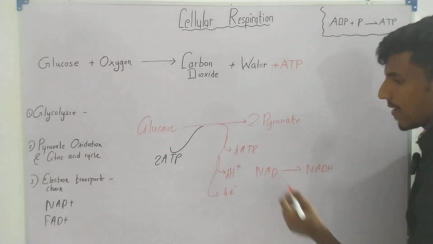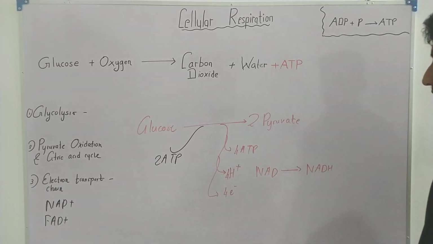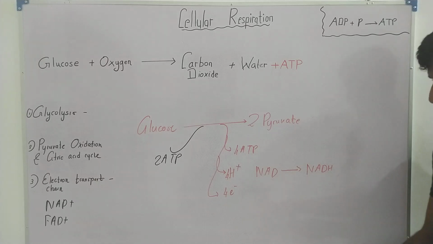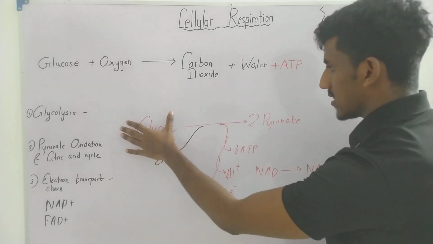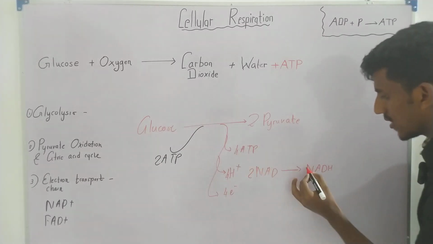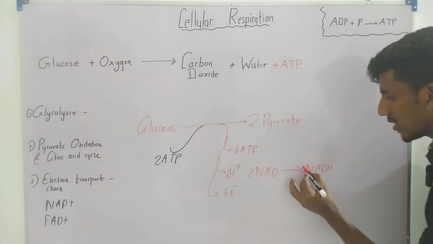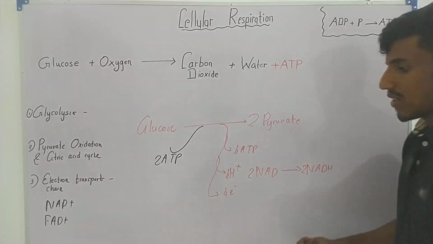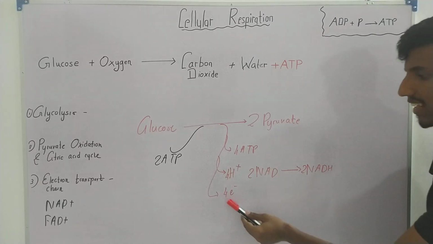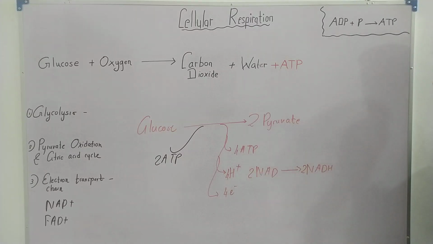This NADH has all the energy that was present in the electrons. So during glycolysis, the glucose to pyruvate conversion, 2 NAD+ are converted to 2 NADH. Why? Because we have 4 electrons: 2 electrons to produce 1 NADH and the next 2 electrons to produce the other NADH.